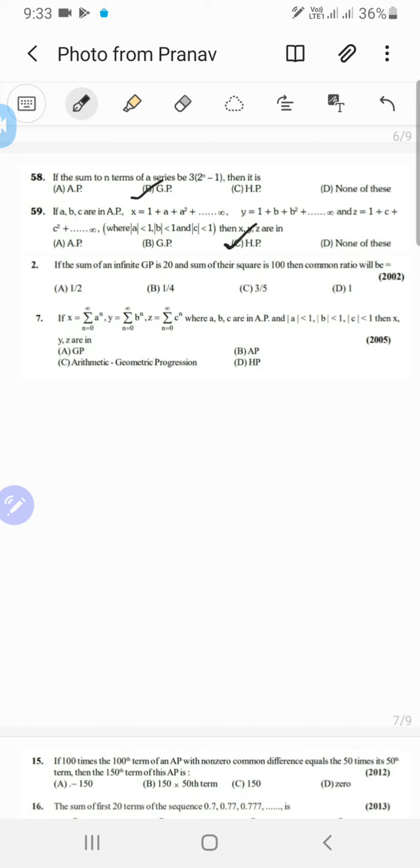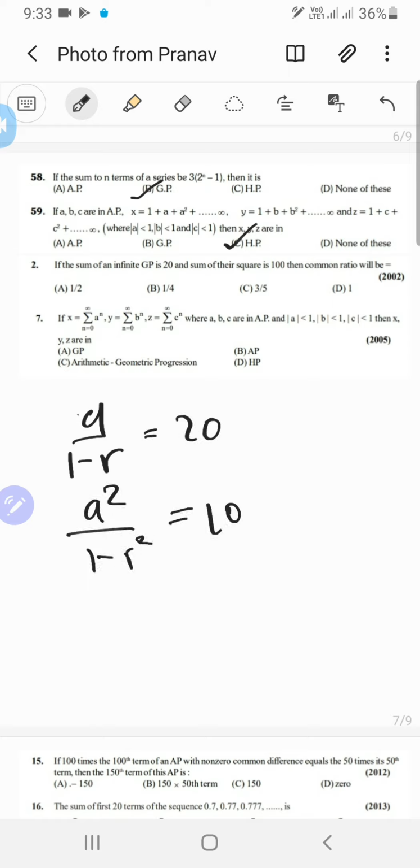If the sum of an infinite GP is 20 and the sum of their squares is 100, then the common ratio will be... okay, that's easy. a upon 1 minus r is 20 and a squared upon 1 minus r squared is 100. I just square this, so a squared upon 1 minus r whole square is 400.